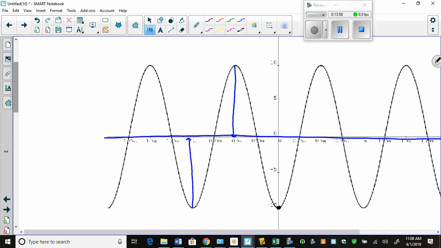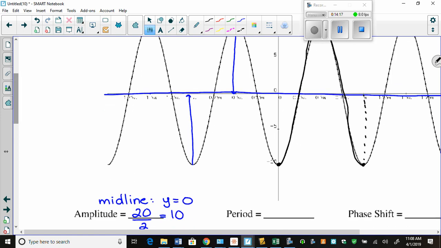I always try the y-axis first, if possible. Past a max, back to the min. And that's from 0 to pi, it looks like. So the period is pi till it repeats itself.